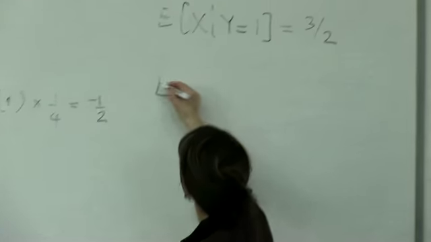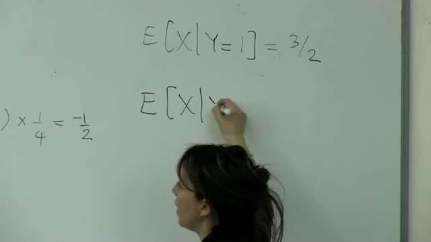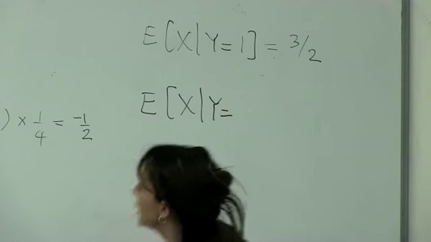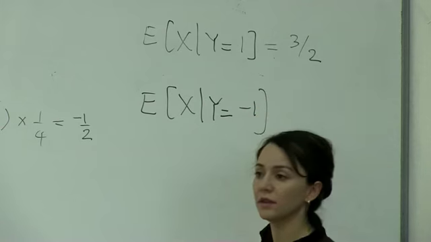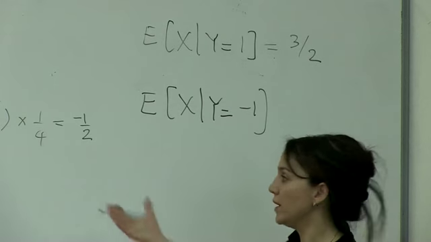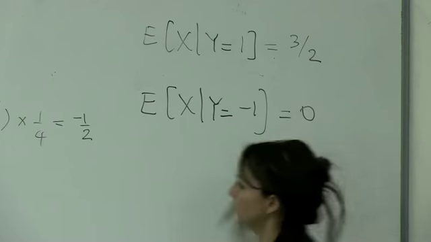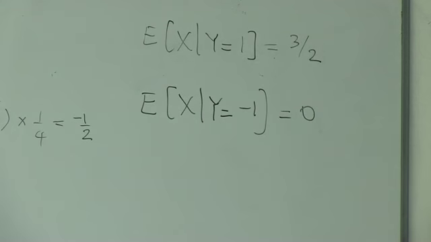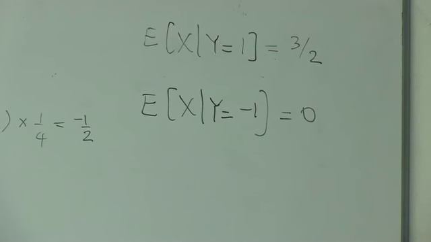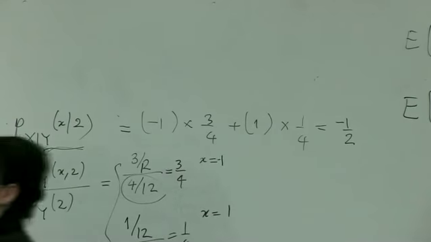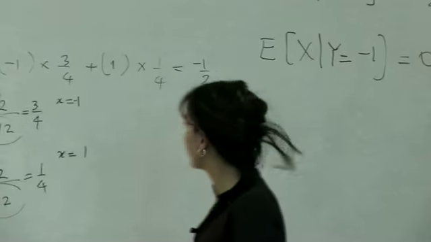How about the expectation of x given y is negative 1? 0 by symmetry, right? Because when y is negative 1, x is either negative 1 or 1, equally probably, so its expectation is 0. Conditional expectation is 0.